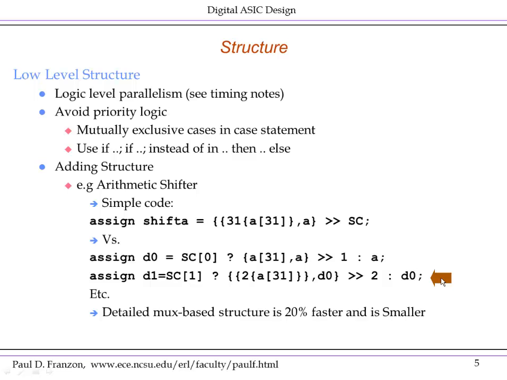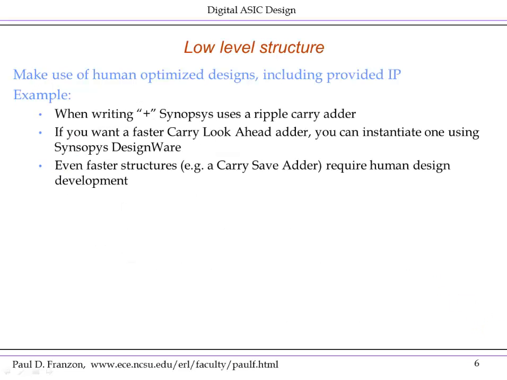What it's not good at is working out these intermediate structures. It doesn't have this human type of knowledge of what are useful intermediate structures for different types of logic operations, in this case a shifter being one of them. So that's one example of low-level structure, and there's many others like that.